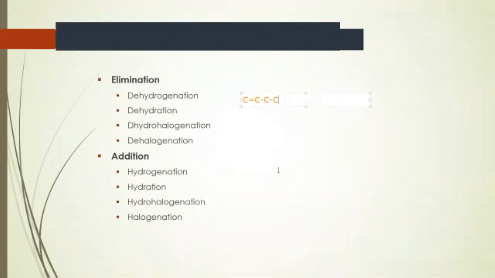And you want to add HBr. Your H is going to come here because this is CH2, this is CH. This one is bonded to one hydrogen, this one to two hydrogens. Your hydrogen is going to come here, then your Br is now going to come here.